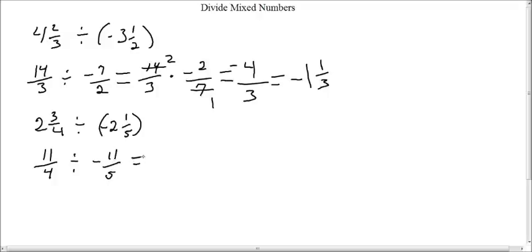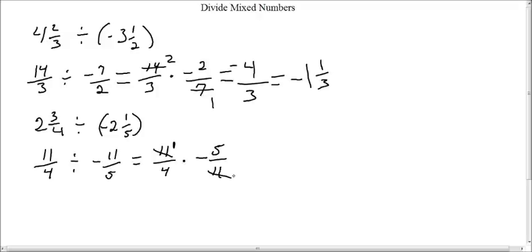And now we'll just go ahead and rewrite the first fraction, 11 over 4 times, and we will take the reciprocal of the multiplicative inverse, and we'll make that a -5 over 11.